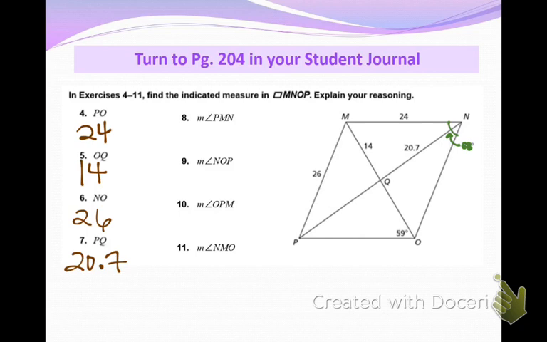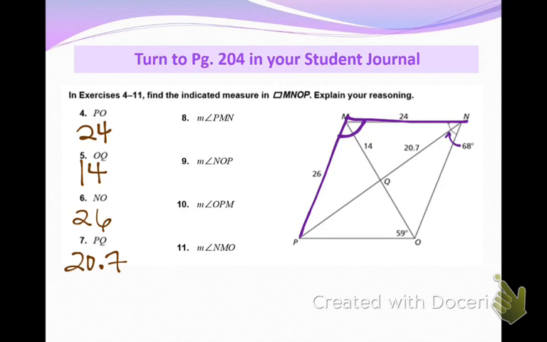So we have PMN. We're looking at the middle letter. So from P to N at angle M. The only other angles that we're given are 68 degrees and 59 degrees. Is 59 degrees the whole angle? No, it's not. So that really doesn't help you figure out what the measure of PMN is.